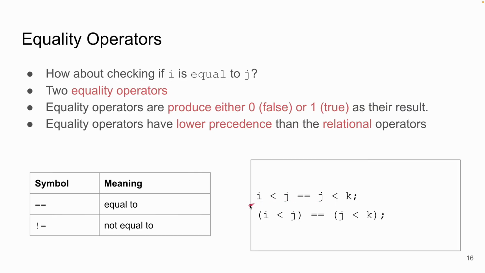C will interpret this statement like the statement I put in the second line. It will evaluate whether I is smaller than J first, and whether J is smaller than K, and compare the return values of these two sub-expressions.